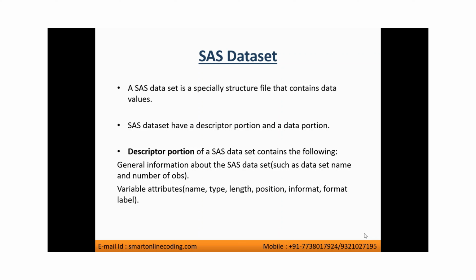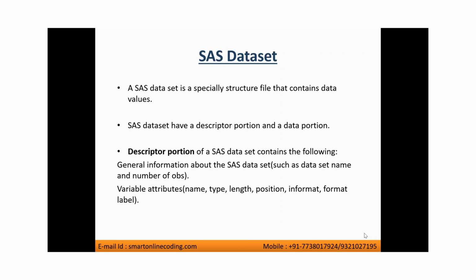This horizontal and vertical data collectively makes a table. Similarly, a SAS dataset is like a table, except the horizontal rows are called observations, whereas the vertical columns are called variables, which will be seen further in the datasets. I'll show this in the upcoming slides.